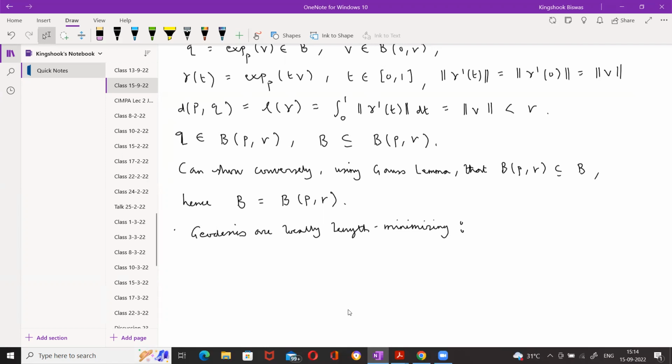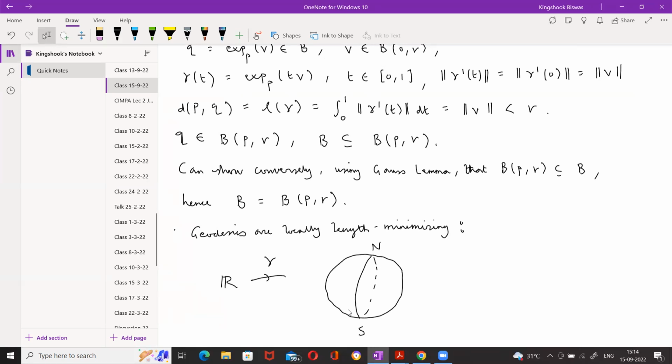For example, if I take a longitude in the two sphere S2, it's going to wind around the sphere infinitely often, going from North Pole to South Pole and back.